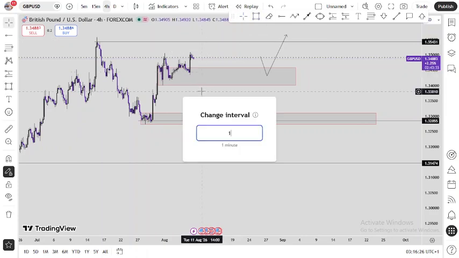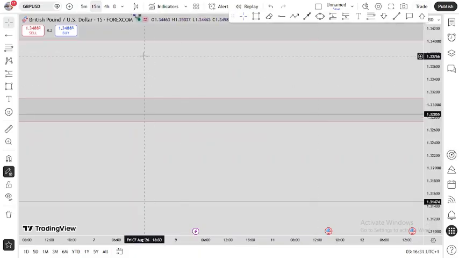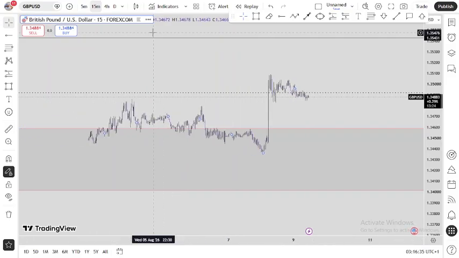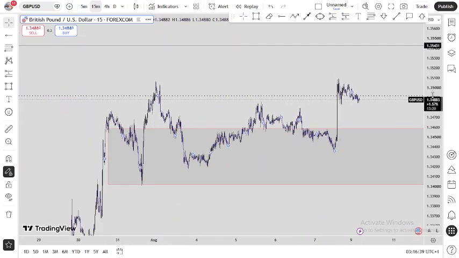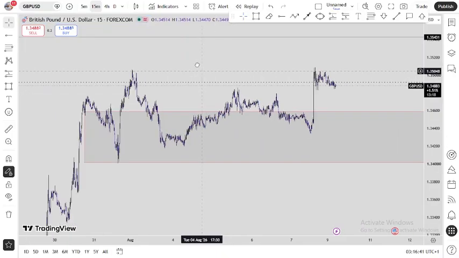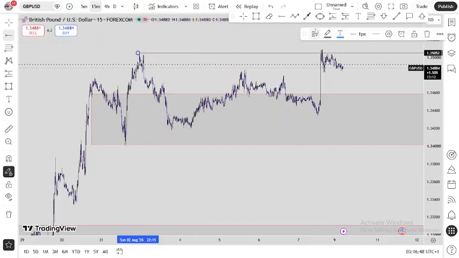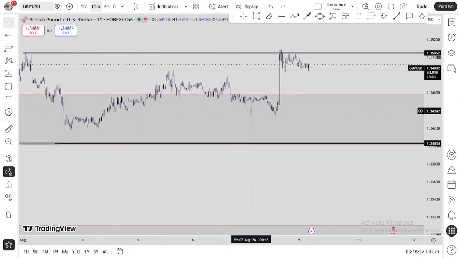So on the 15 minutes on a 3TF, on the 15 minute, it's not the cleanest of structures, but let's mark out this major high here, and then this major low here, right?